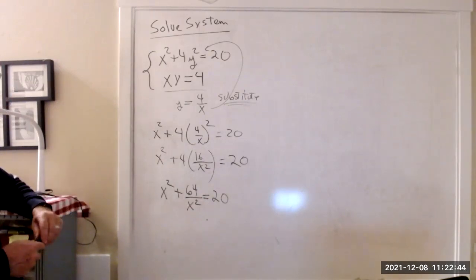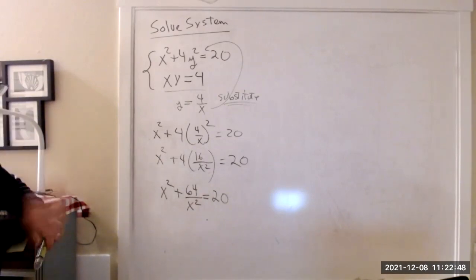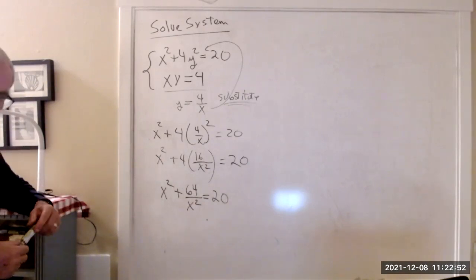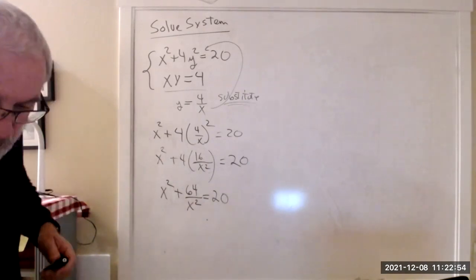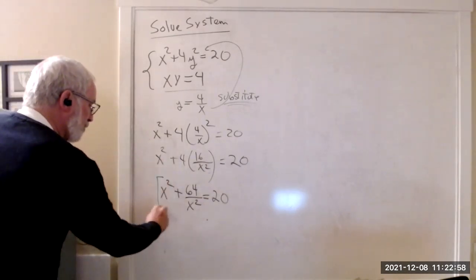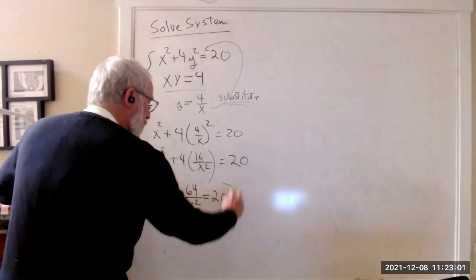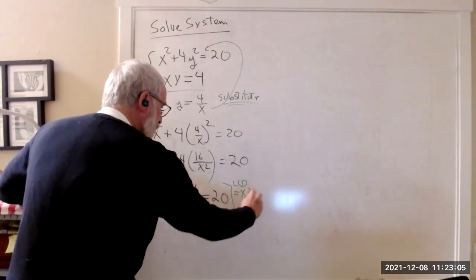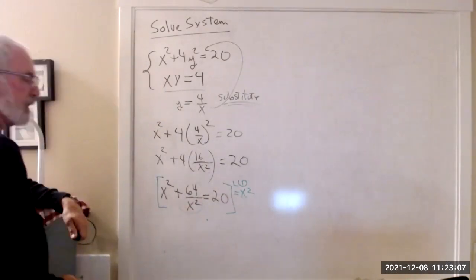Now the question is, what do I do? And you're going to run into this both on the quiz and if you've been doing any homework at all. We talked about LCDs. If you multiply through by x squared, in other words, you want to cancel that.